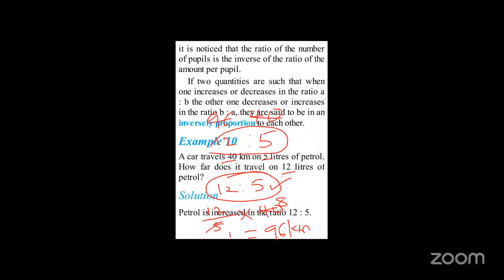So it means that you have to compare the ratios, whether they are direct or inverse. For this one, we have found it's direct. So meaning that if the petrol increases in a certain ratio, it will cause the distance, or the other quantity, to increase with the same ratio. So we use that ratio of petrol, we multiply with the distance we have been given, or the quantity we have been given, and it gives us the value of the new quantity.